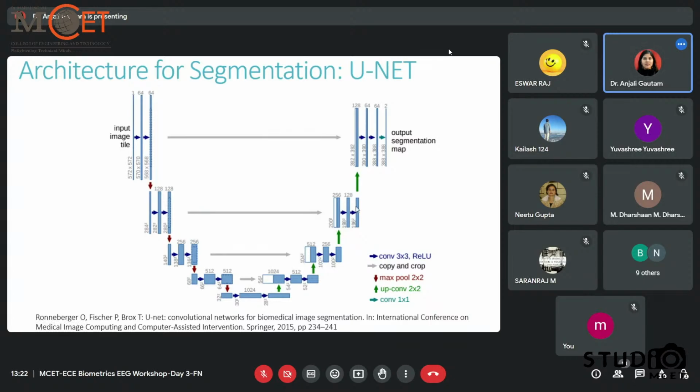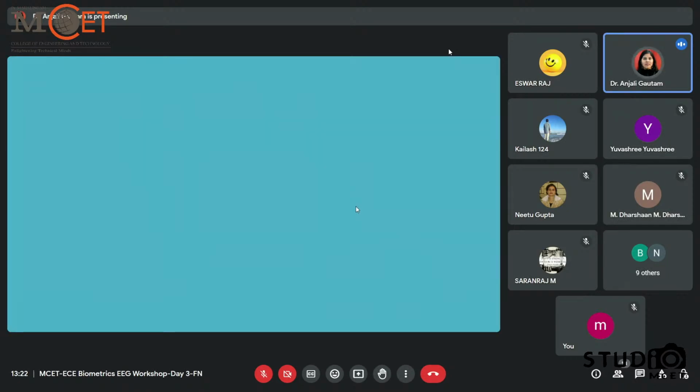That is the skip connection. So this is the architecture used during the segmentation task, and you can design your own model based on this architecture. With this I'm finishing, and if you have any query, please let me know.